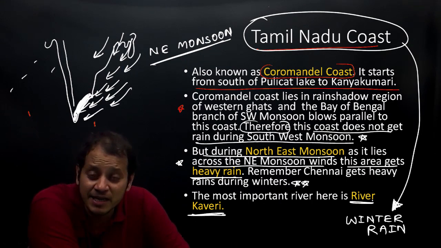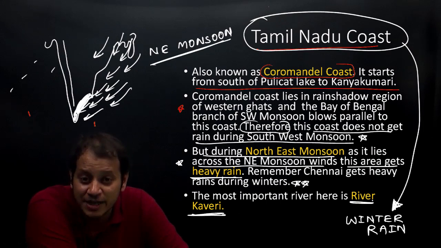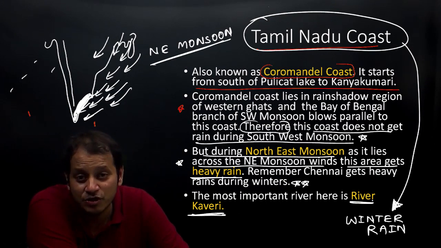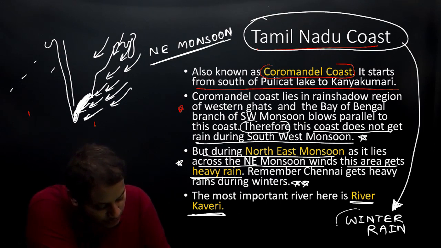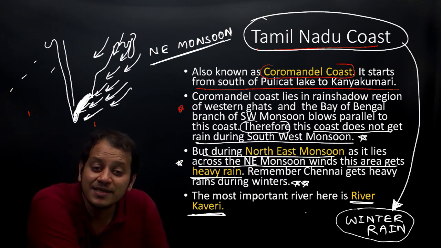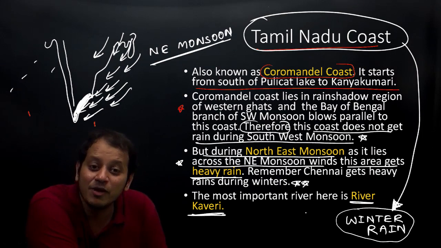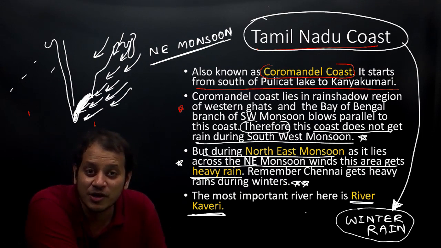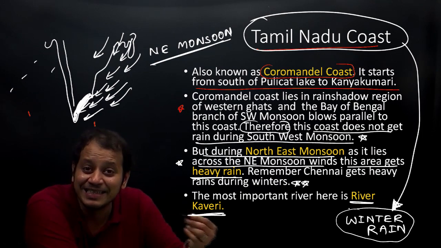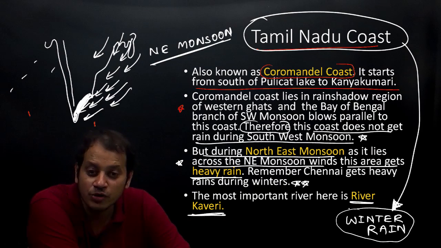Therefore, this region does not get rainfall during the southwest monsoon season, but during the northeast monsoon season, this region gets very heavy rainfall. Chennai floods occur in the month of December. So remember, winter rainfall occurs here. Why? Because it lies across the northeast monsoon winds. We will see that in detail while doing the Indian monsoon. The most important river here is River Kaveri.